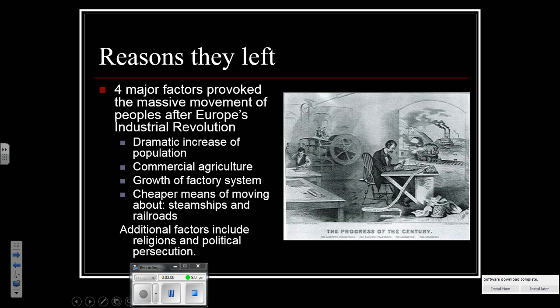Commercial agriculture, growth of the factory system, and a cheaper means of moving. It was easier now to take a steamship from Europe to America, and the railroads are also cheaper because there's more of them, they're more available. Other factors include religious reasons, like the Jewish people we talked about, and even political persecution. They've got a leader that's killing off people. So those are some of the major reasons why they're leaving, but these are the 4 main factors.